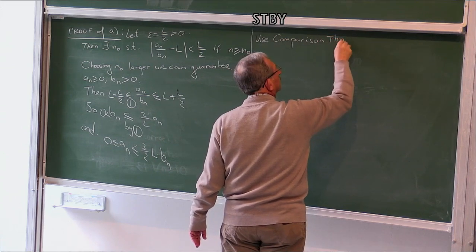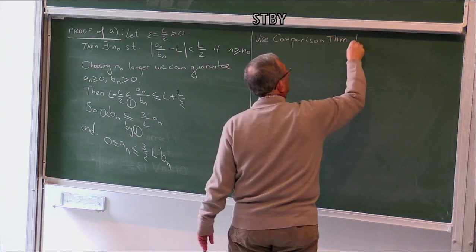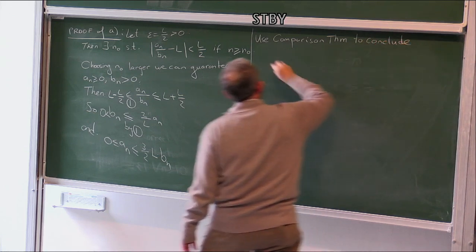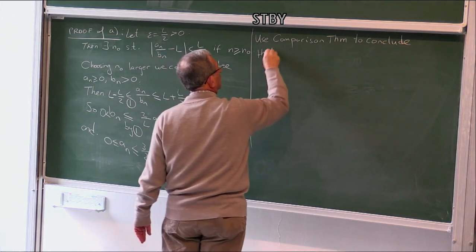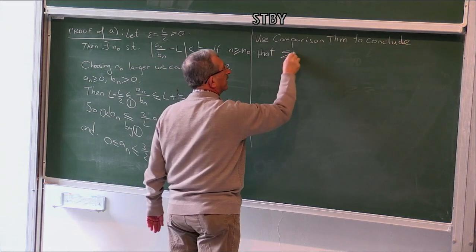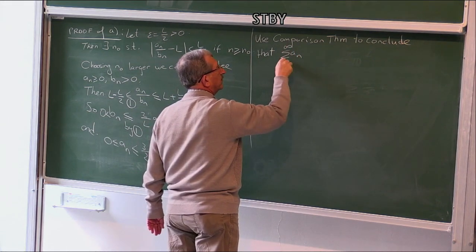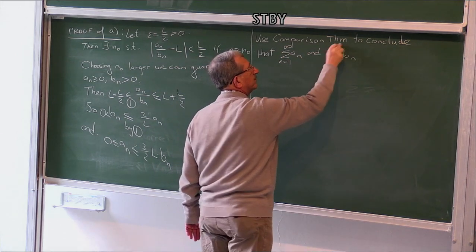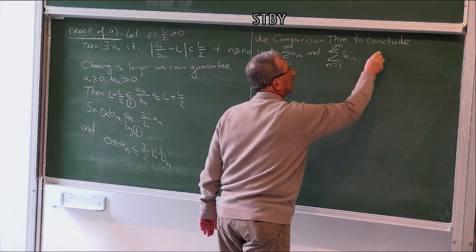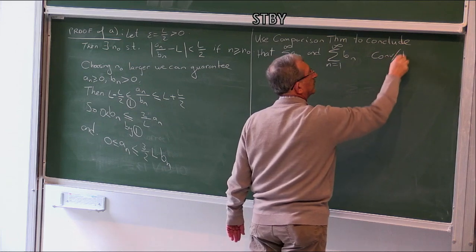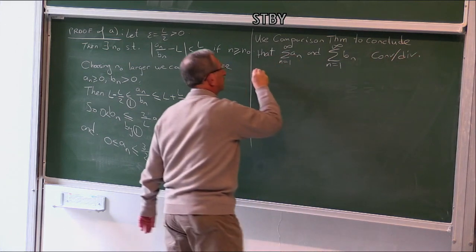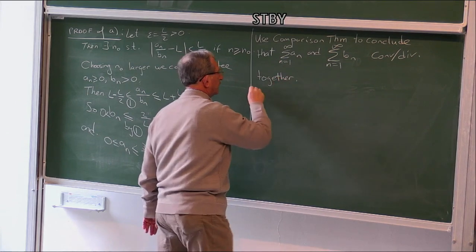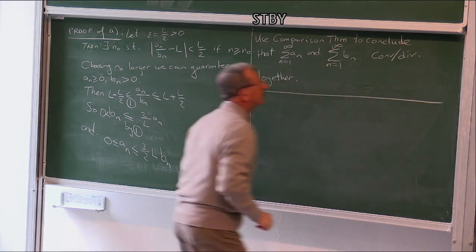So using comparison theorem directly here, to conclude that sum An and sum Bn converge, diverge together. Okay.